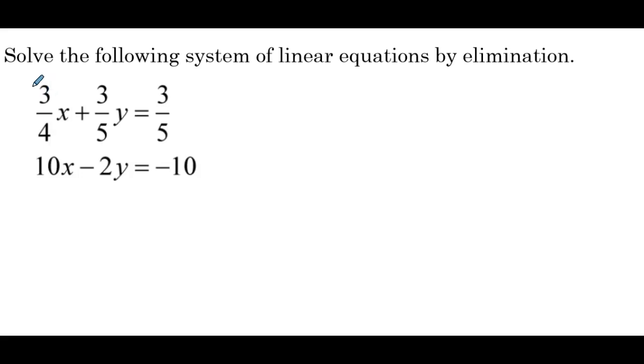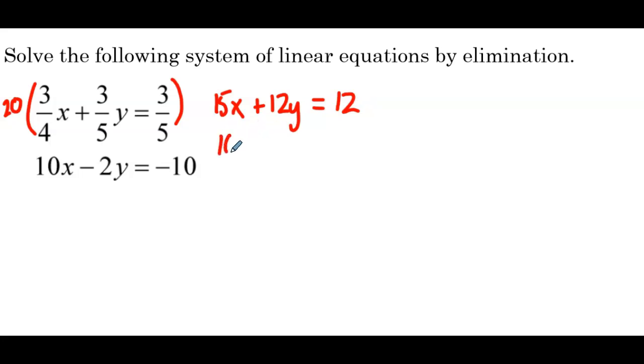Okay, so first thing, let's clear out these denominators. So let's multiply this by a factor of 20. Let's see what that would give us. So that's going to give us 15x plus 12y equals 12. And then we have 10x minus 2y equals negative 10.